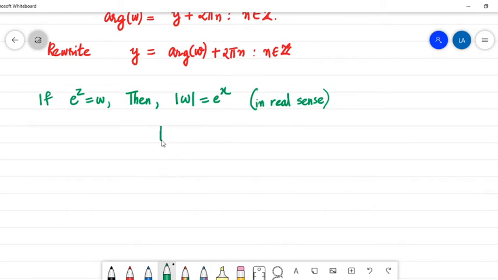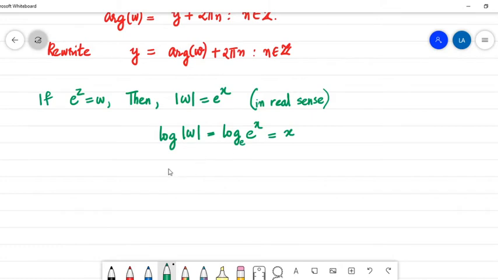Now think about log of mod w. That will be log of e raised to x, right? This is the natural logarithm, that means to the base e. This is in the real sense. So I can write log of e power x to the base e here, and that is nothing but x because this is in the real sense. We know that.